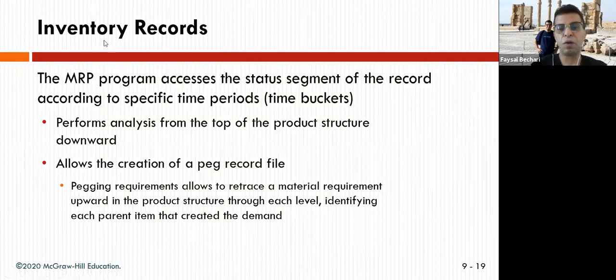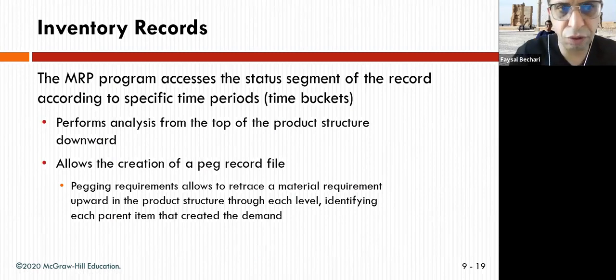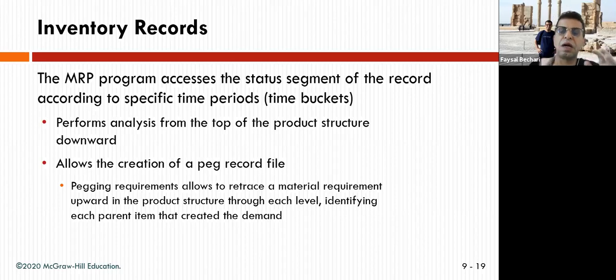Now, when we talk inventory record, the MRP program accesses the status segment of the record according to a specific time period. So at this time, they have that many units, but 2 months down the road, they will have fewer units if there is no refurbishing, if no more comes into the warehouse. So it accesses the units available in the warehouse accordingly, how much they had and how much is coming.